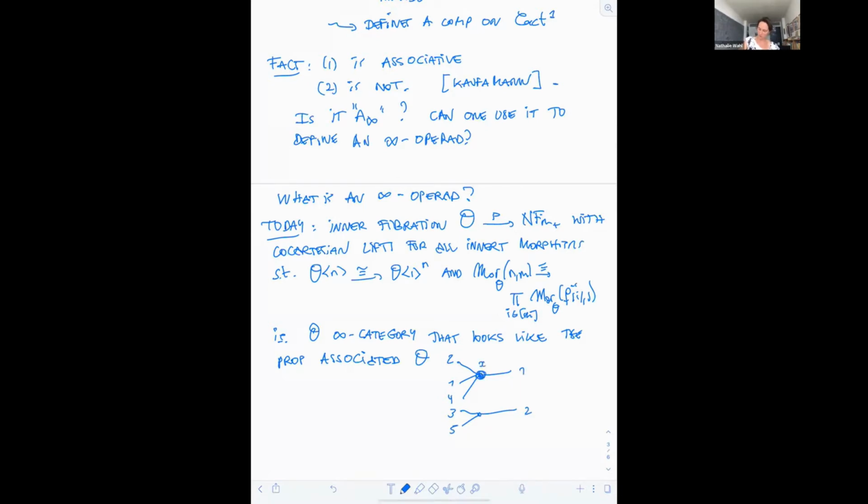This would be an element of my operad, this would be another element of my operad, and morphisms in that category are disjoint unions of things coming from the operad.